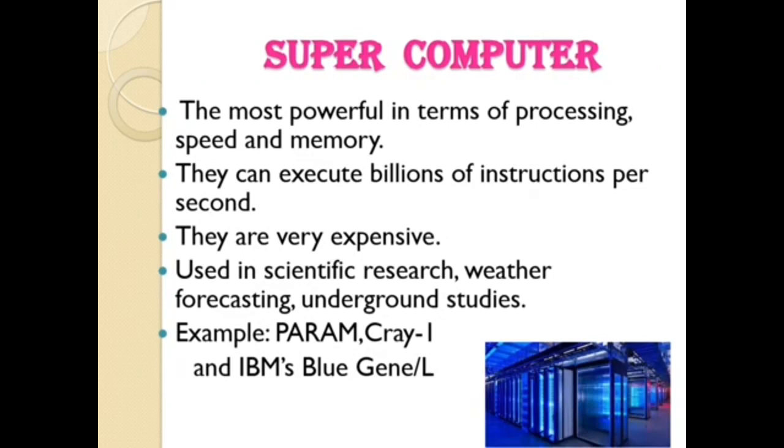The next one is supercomputer, the most powerful in terms of processing speed and memory. Compared to other computers, the supercomputer is more powerful in processing data, speed, memory, everything. They can execute billions of instructions per second.